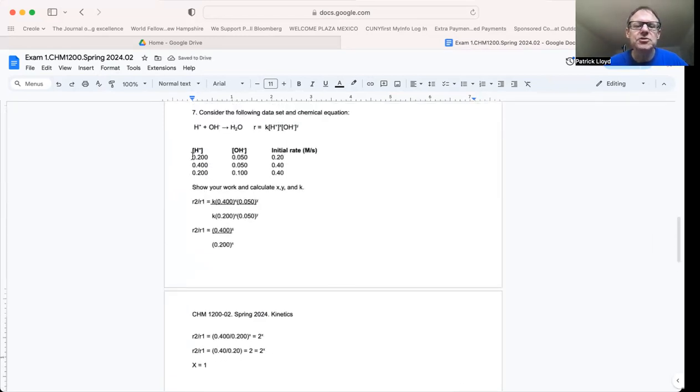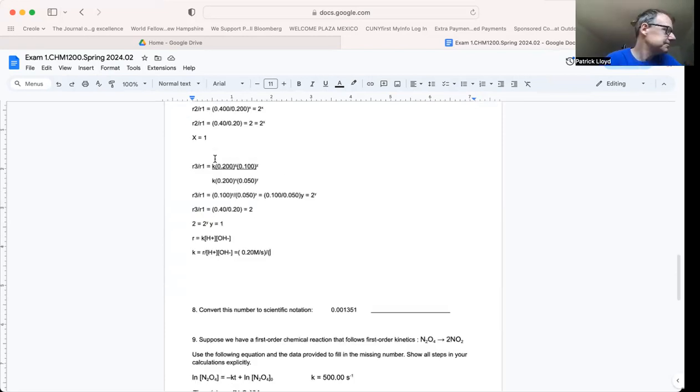I'm doing experiment 1, so 0.200 molarity and 0.050 molar. Okay, so let me just make sure that we see that, in fact, what I'll do is I'll put this in a different kind of bracket to point out that we're taking the 0.20 molarity per second, the rate, divided by both of those concentrations.